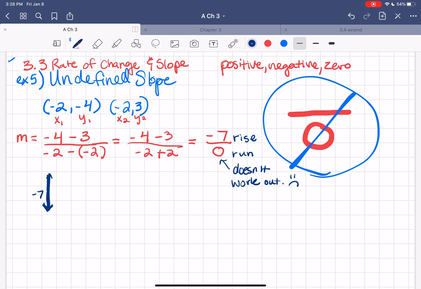But then we don't go left or right. So think about if I was finding the slope between that point and then I guess the second point is there. Why is this a problem when I'm looking at it just like that? What's the problem with not having any run?